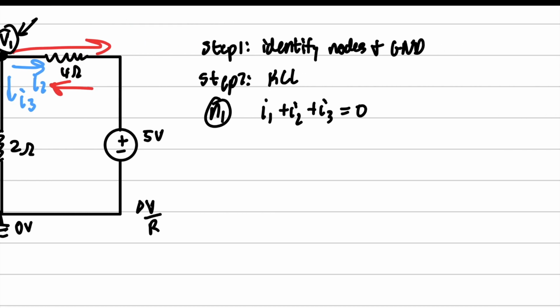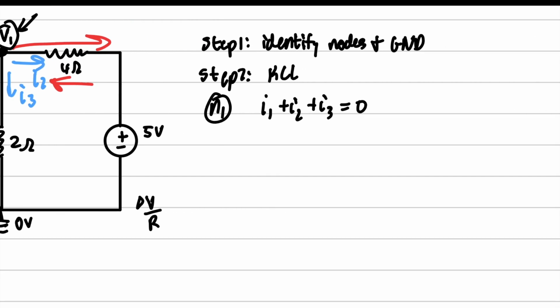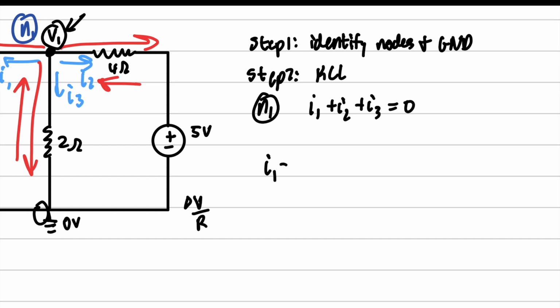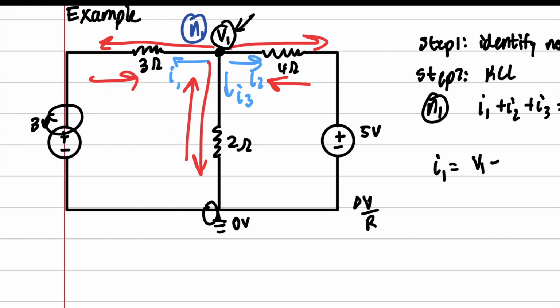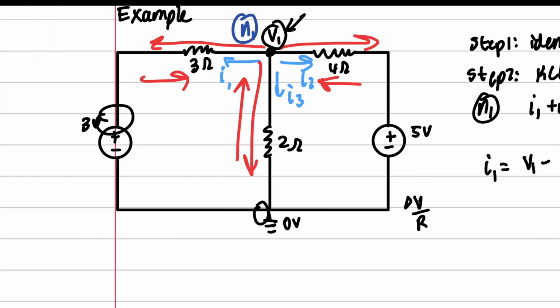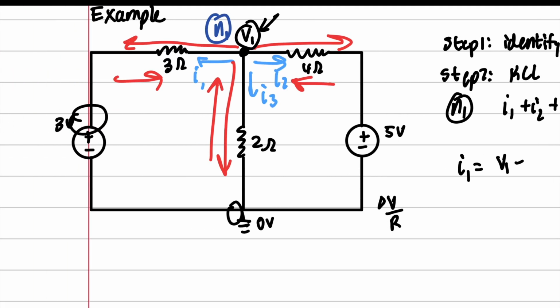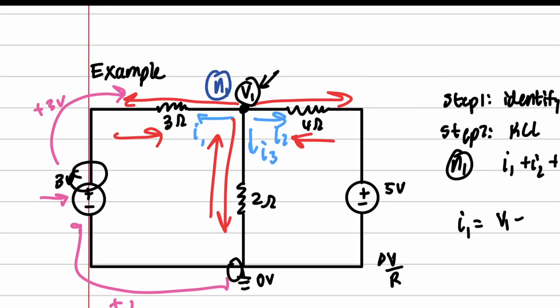So let's say I1 is going to be V1 minus, and it's minus because we're dropping in voltage right here. Because when we go from this point to this point, we get, I'm sorry, not plus 3 volts.